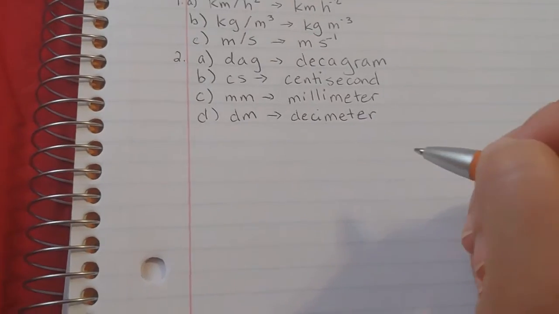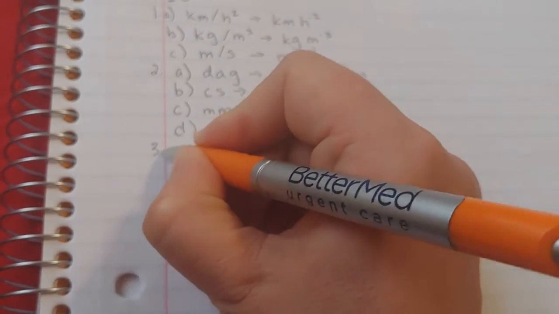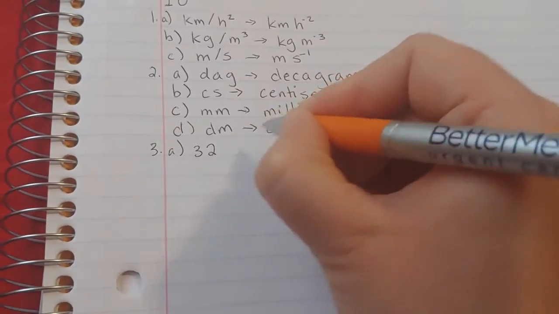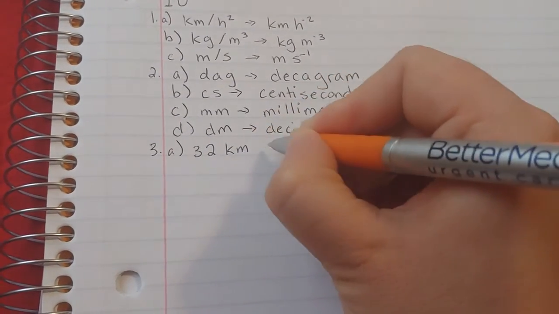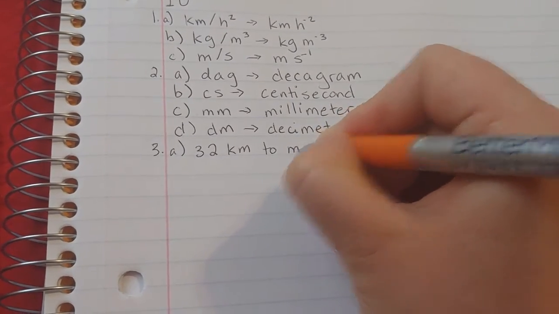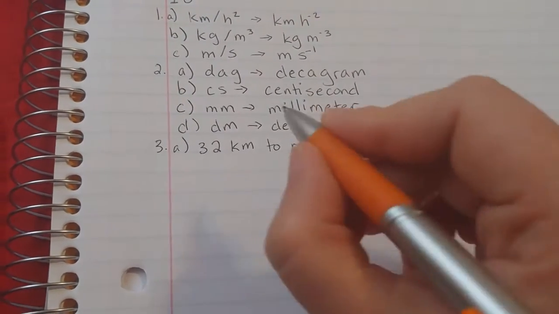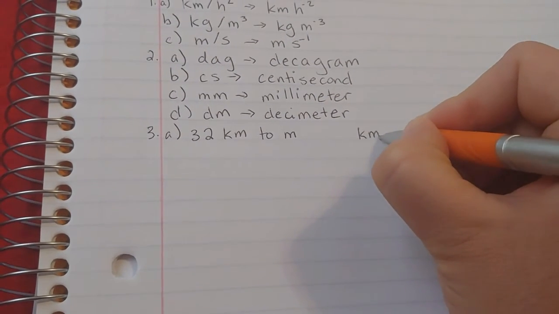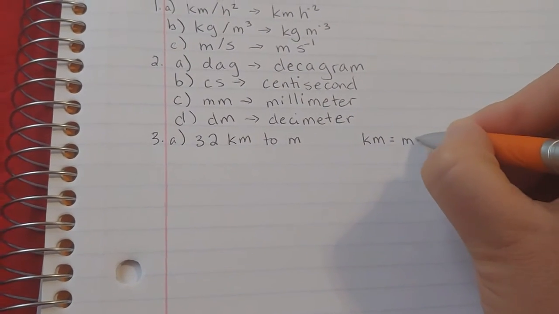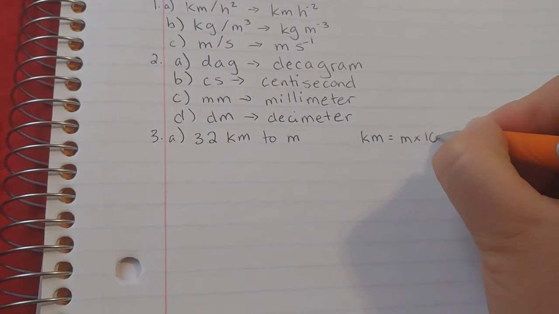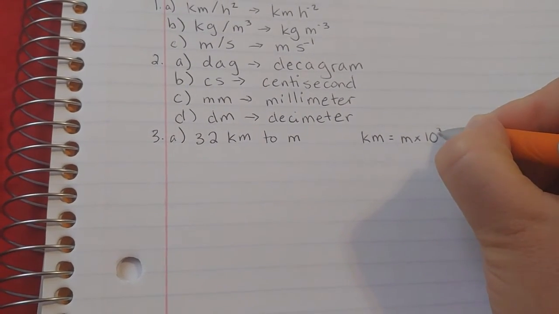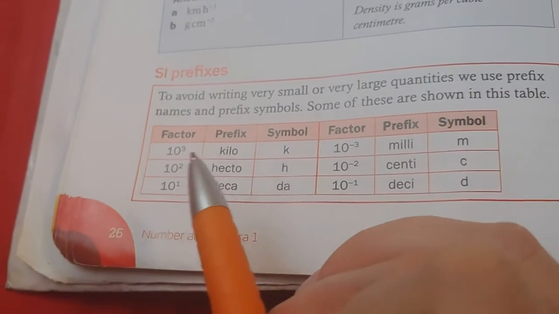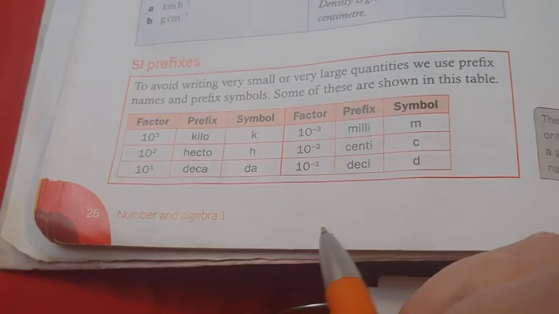All right, so now let's do some conversions. For 3 part A, I need to convert 32 kilometers to meters. All right, so I know that kilometers is meters times 10 to the third because of my prefix kilo, which here the factor is 10 to the third.